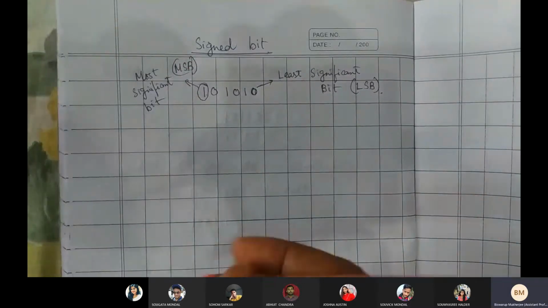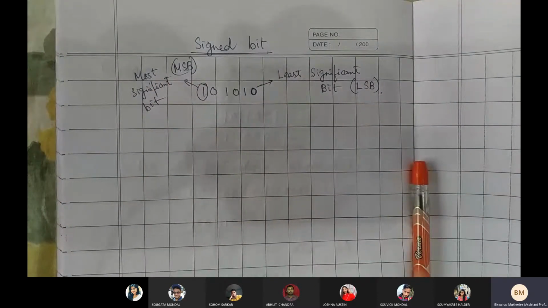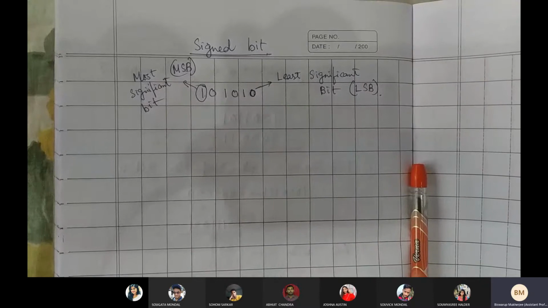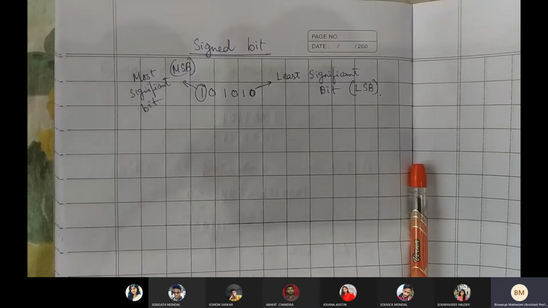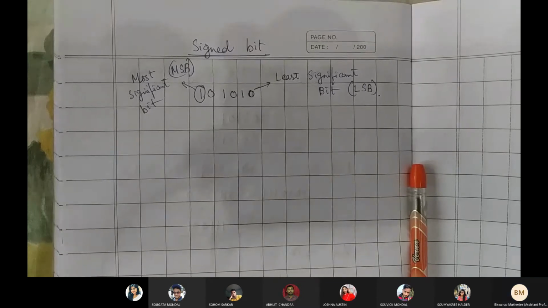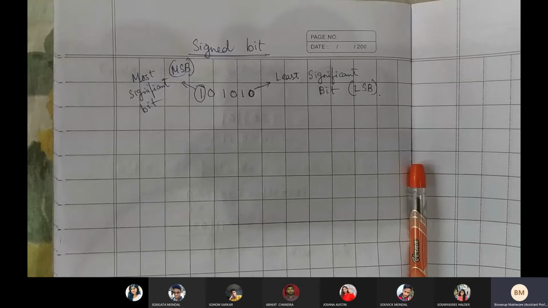Why it is most significant and why it is least significant, you probably can understand. Think of a very simple example. Suppose Durga Puja is coming up. The clubs will come and demand some donation, called chanda, right?